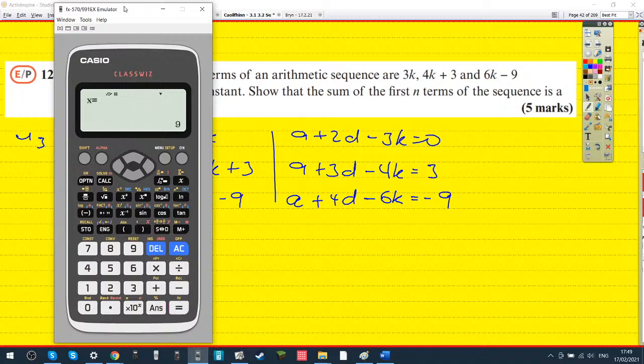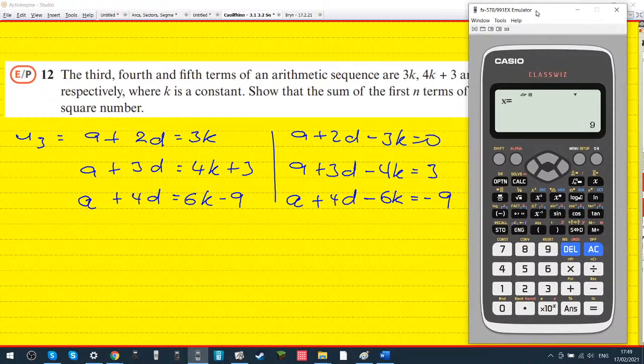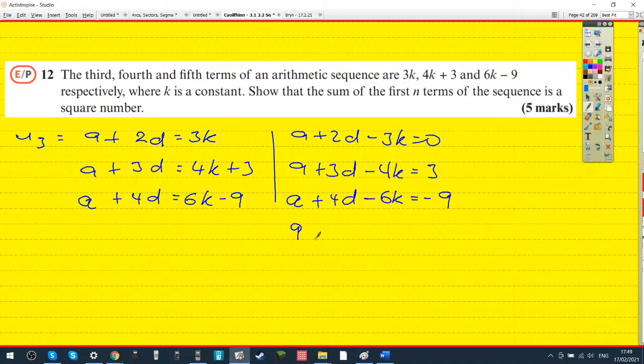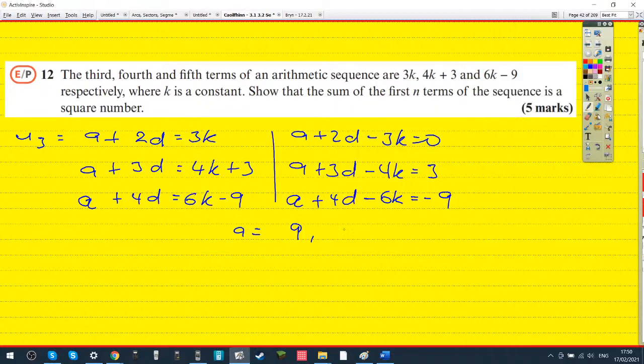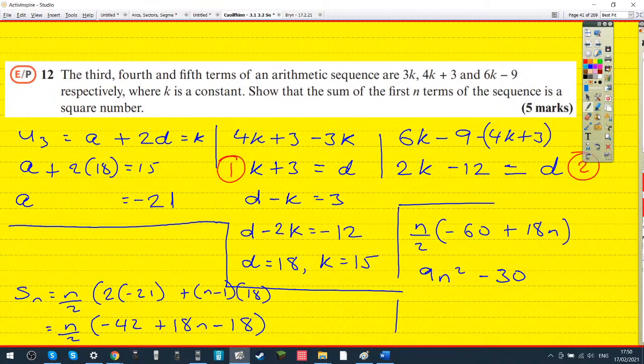So we get A is 9. D is 18, and that is 15. So I'm getting plus 9. Equals 9. 18 and 15. So this should be a plus 9.